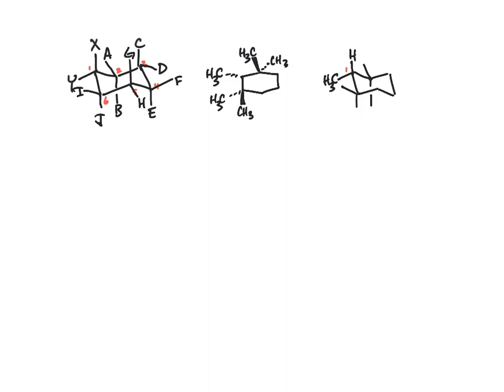So you have carbon 1, 2, 3, 4, 5, 6. And so we're going to look down the 1 and 2 bond in a Newman projection. So the front carbon is carbon 1.